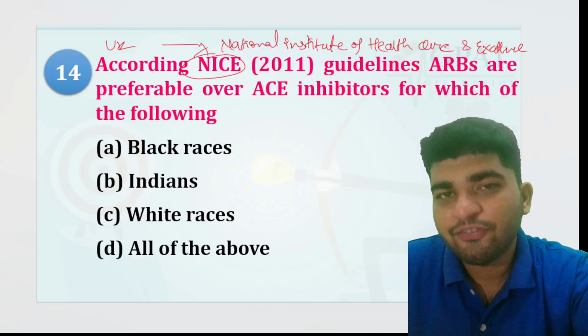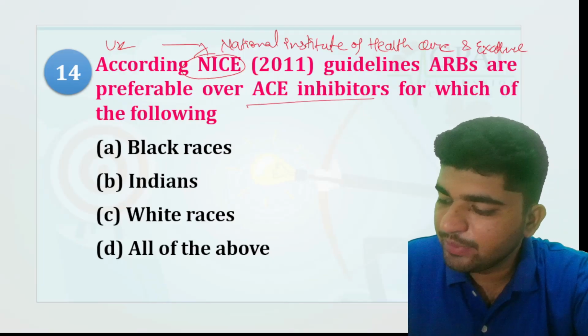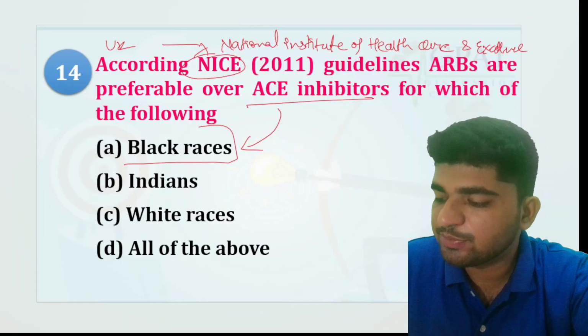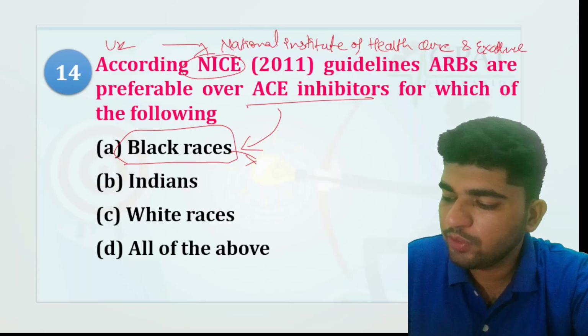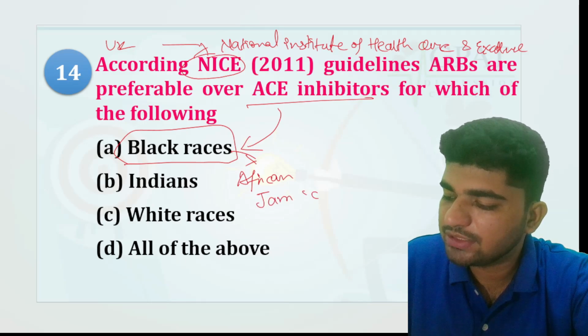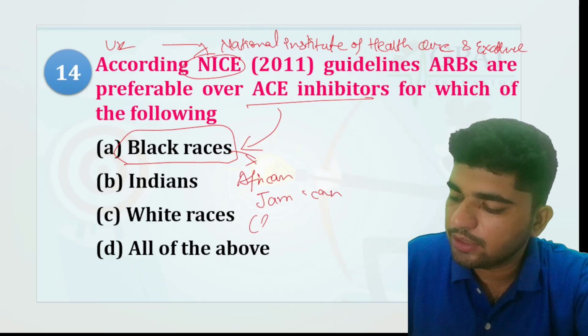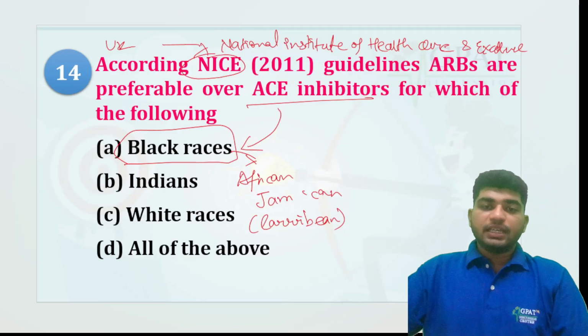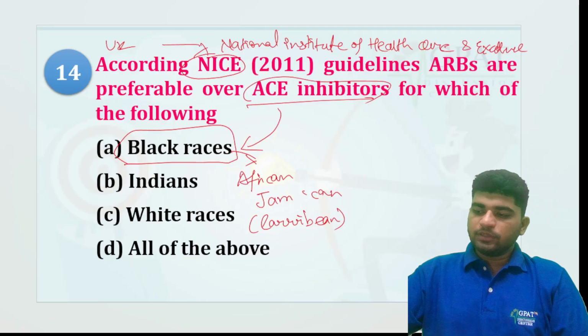It is a very factual question: ACE inhibitors are not that efficacious for black race people. These black races belong to African countries and Jamaican countries, that is, Caribbean countries. Because these ACE inhibitors are responsible for angioedema.